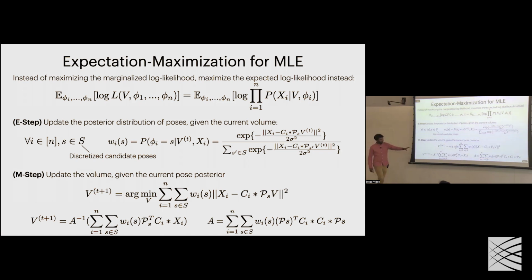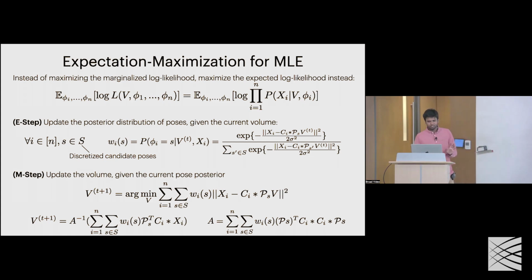If you try to interpret what this is saying, the optimal volume is essentially, in 3D space, taking all your images and taking a weighted sum over them. So for every image and every single orientation, we take this weighted sum, where the weights are higher for orientations that are more likely to produce that image.